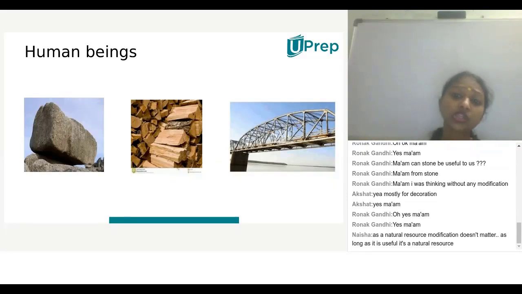Previously we used to see only individual houses. Nowadays the area is limited and people are more, so they plan to build apartments within the limited area. With a small surface area and more foundation, using all these natural resources, they are constructing big buildings.